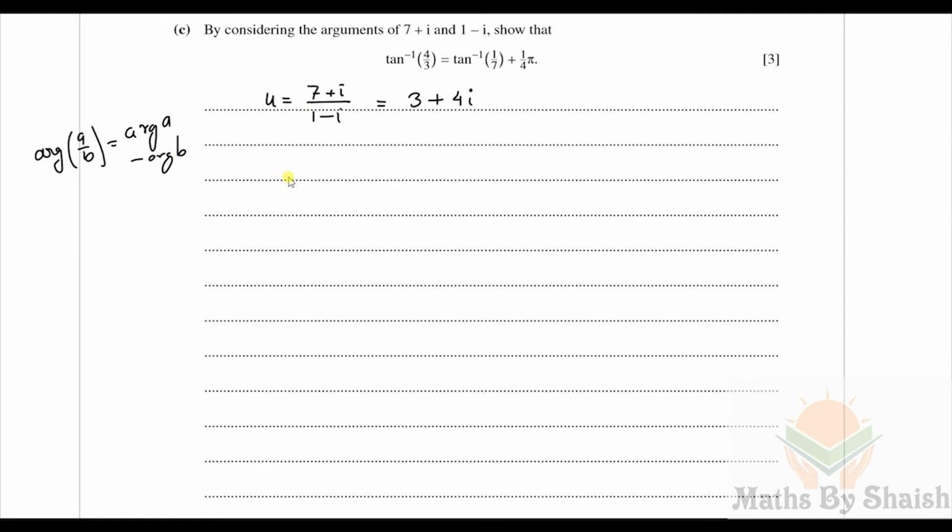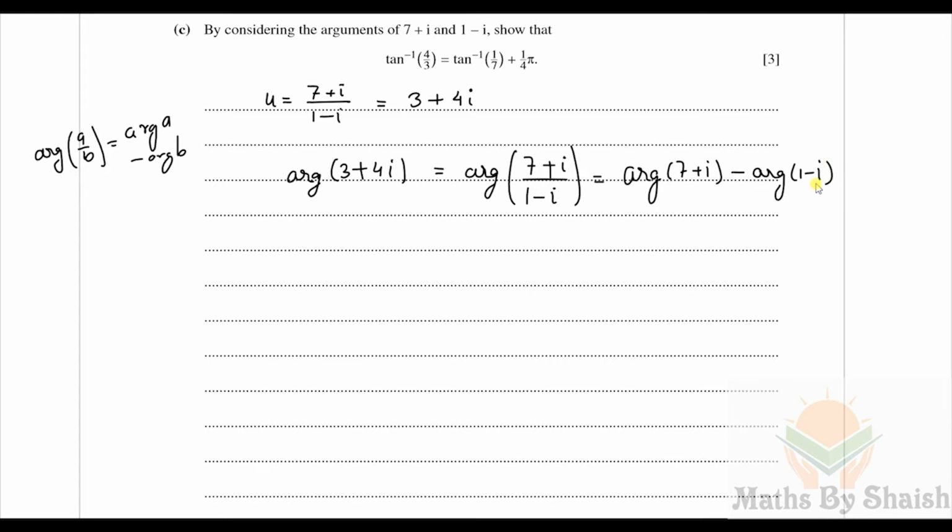So we have the argument of the complex number 3 plus 4i is equal to the argument of (7 plus i) over (1 minus i), and we need to use the arguments of 7 plus i and 1 minus i, so it becomes the argument of 7 plus i minus the argument of 1 minus i.